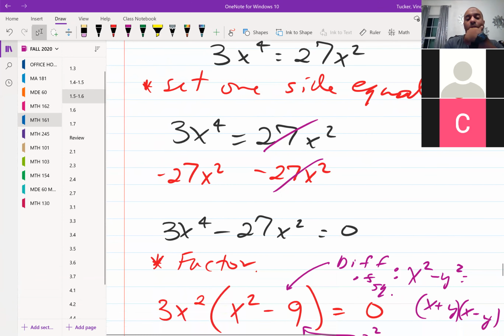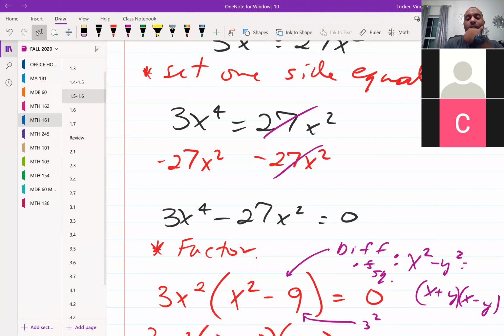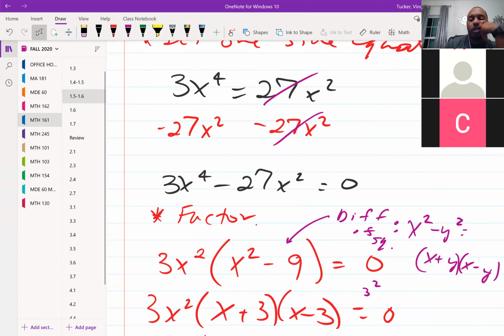So we can factor out a GCF of 3x squared, and that'll leave us with x squared minus 9 in our parentheses. And what we have in our parentheses is the difference of squares, and that's leaning on this formula right here.